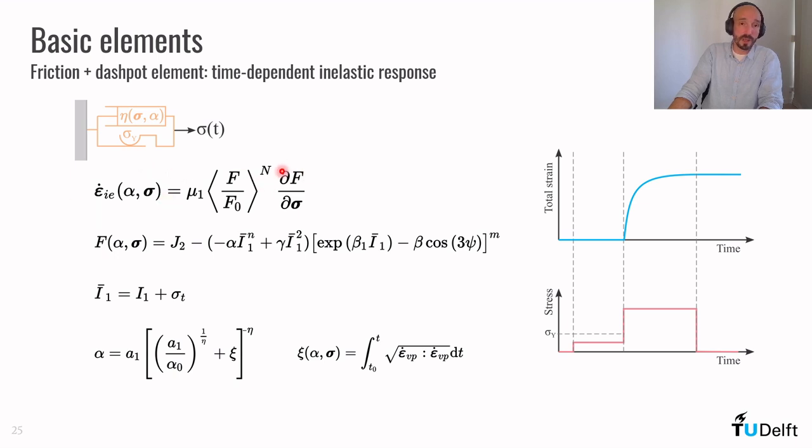So this gives the direction in which the viscoplastic deformation will occur, and this gives the intensity of viscoplastic deformation. Now, in this case, I'm using the value of F here. This should actually be the potential function. But in this case, the potential function equals the yield function, which means I'm using an associative model.